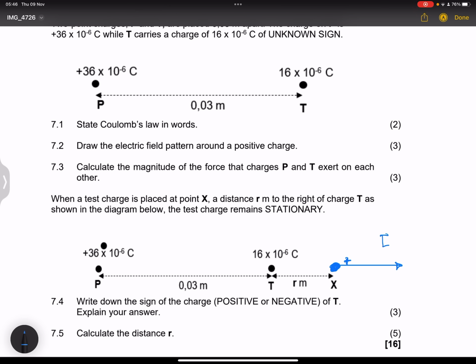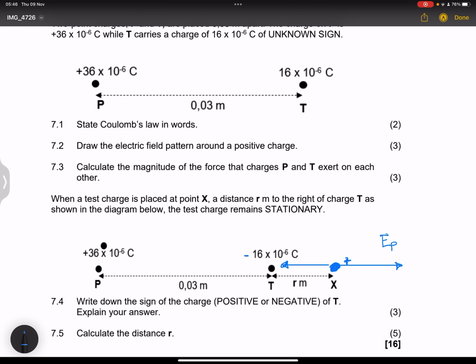So the field due to P will be to the right, because it's positive. Now, in order for that test charge to remain stationary, the other force has to be in the opposing direction. It's a positive test charge, so T in this case has to be negative.